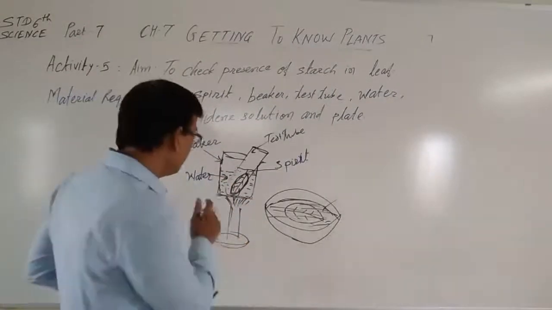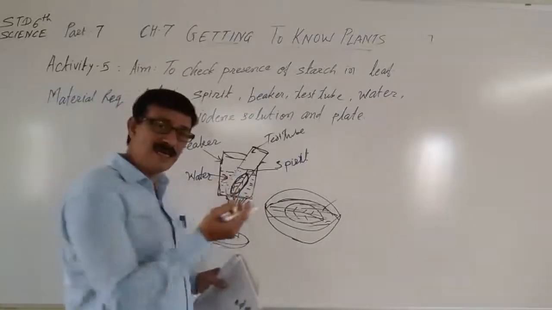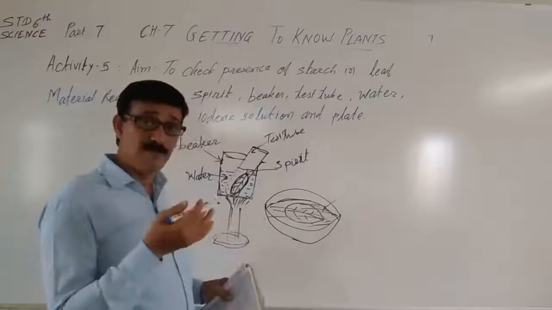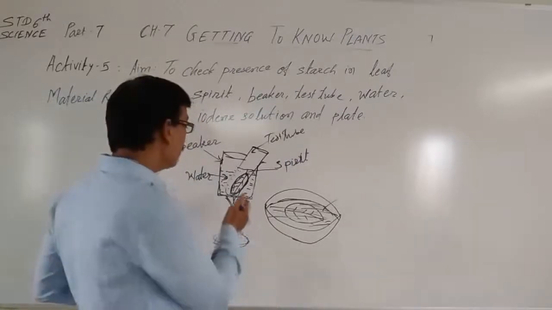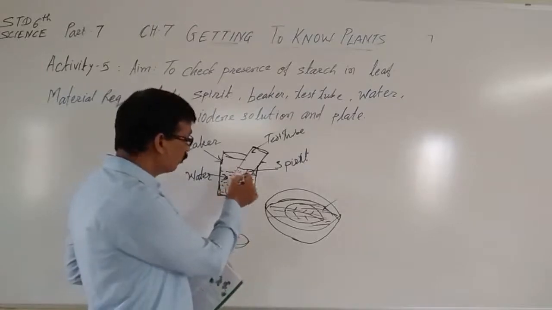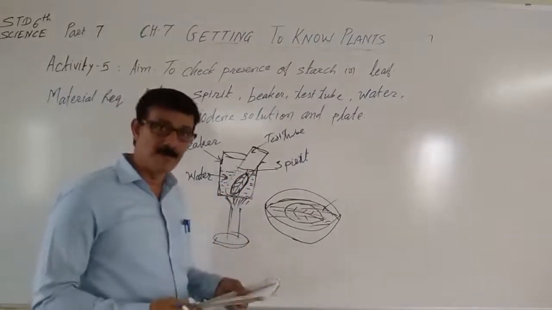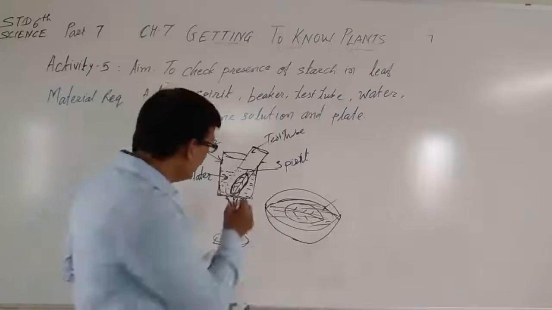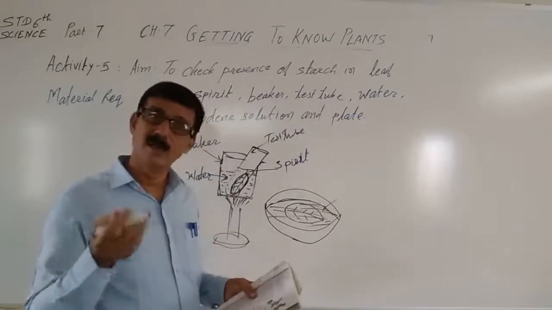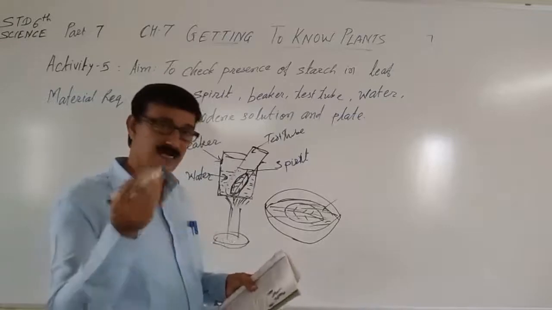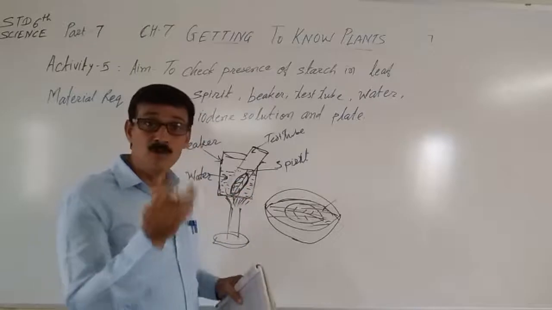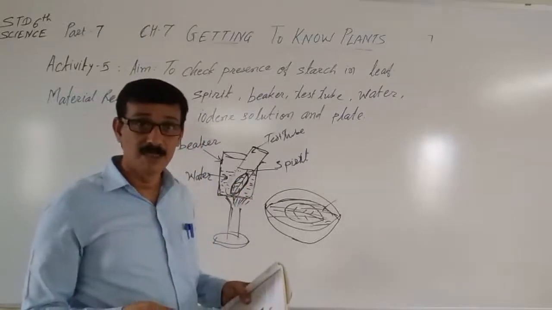When it heats the beaker, automatically the water will boil. The water will get heated, and that is why the spirit will also get heated. We know that leaves have green color, and that is why the green color will come out from the leaf.